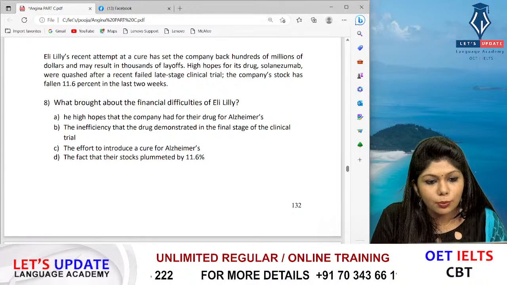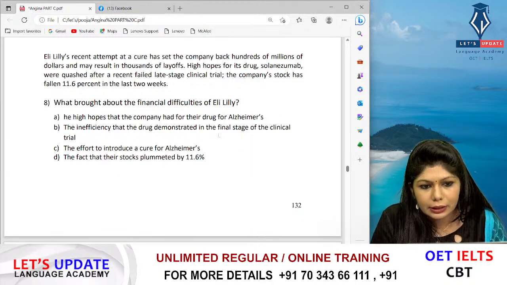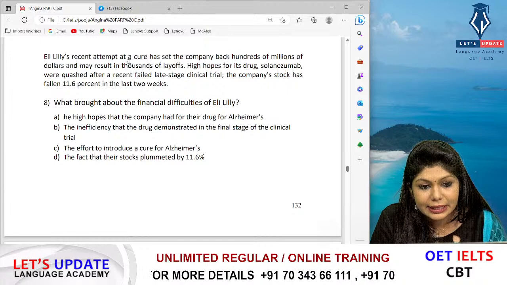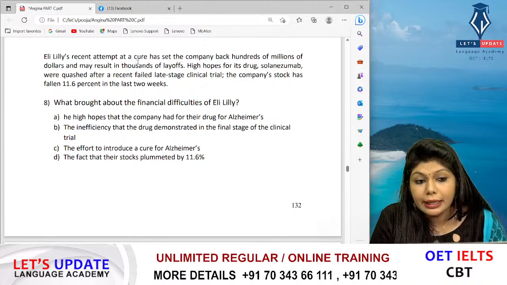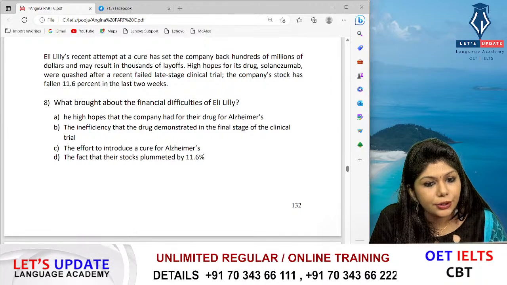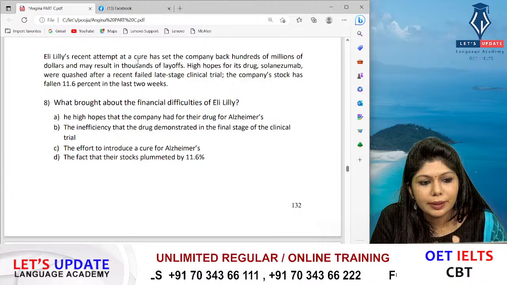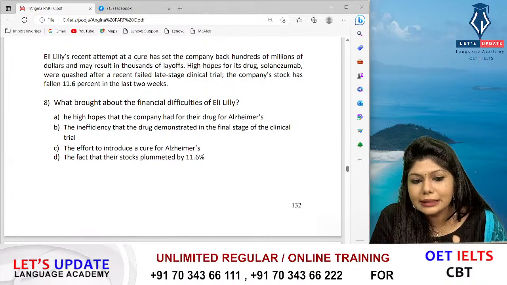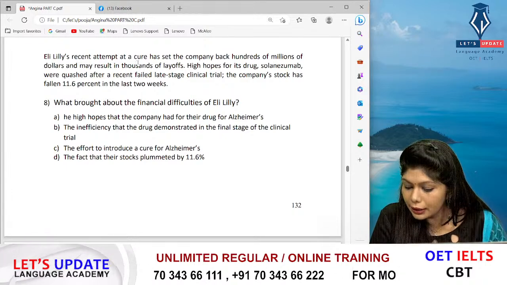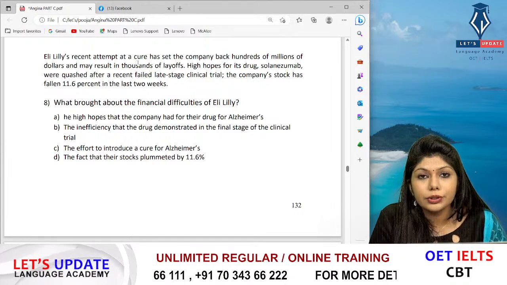Okay, the question was, what brought about the financial difficulties? So they are talking about that over here. That is Eli Lilly's recent attempt at a cure. Okay, he had attempted a cure, and that has set the company back hundreds of millions of dollars. Setting something back means to cost large amounts of money.